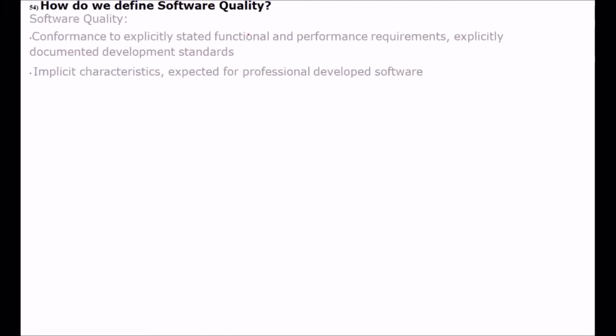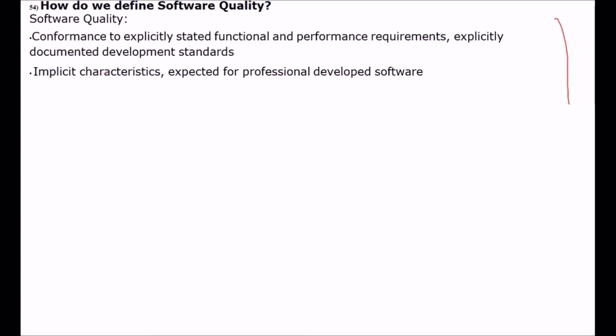How do we define software quality? Well, there are various definitions, but the major one is conformance to explicitly stated functional and performance requirements, explicitly documented development standards, and implicit characteristics expected of professionals who develop software.